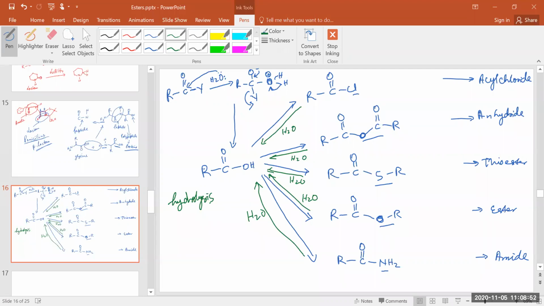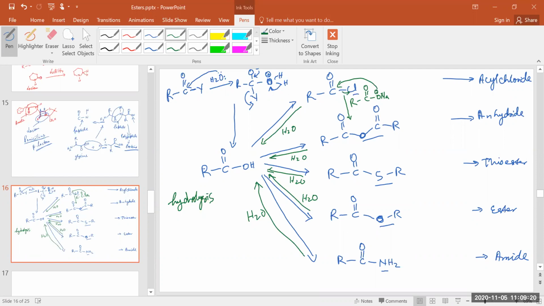Now you can see that from acyl chloride we can make anhydride, because anhydride is less reactive than the acyl chloride. If you take a nucleophile RCO minus Na, you can make this product. The nucleophile will come and chlorine will leave.